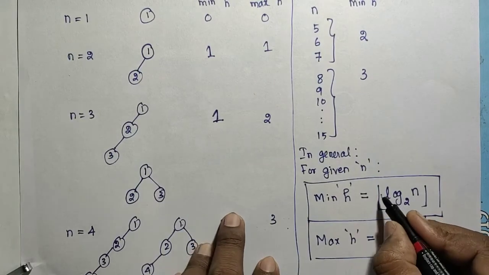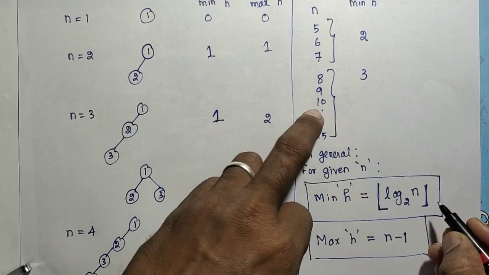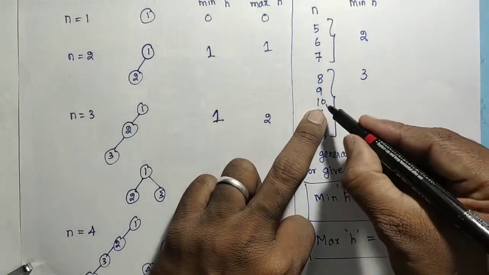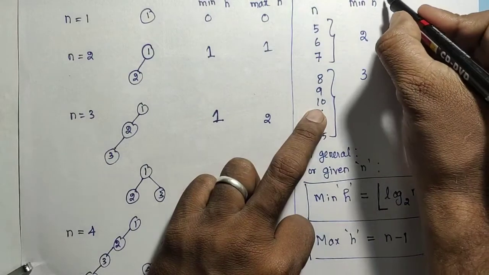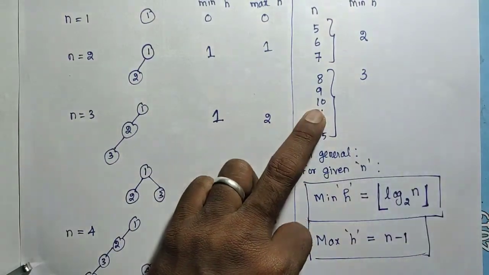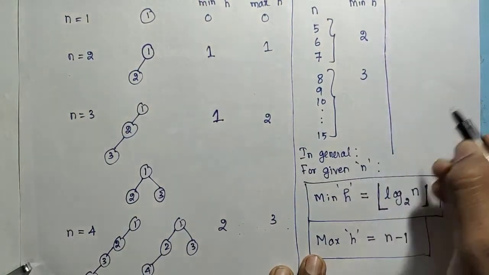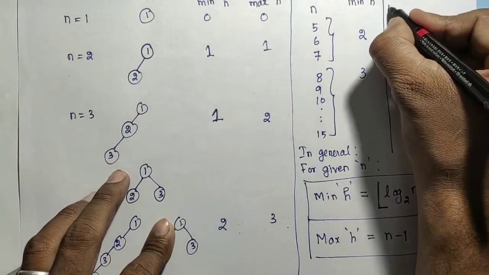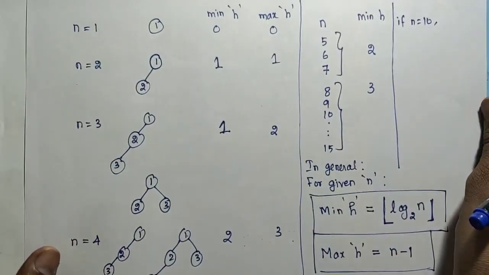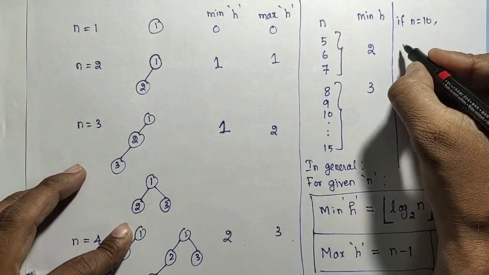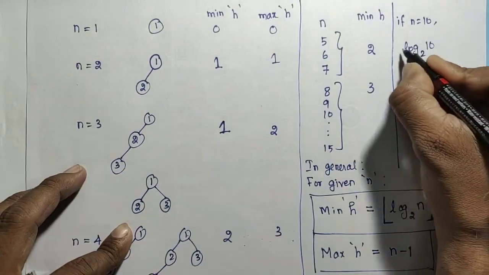So you need to understand this formula, log n base 2. For example, n is given as 10, so log 10 base 2, floor.